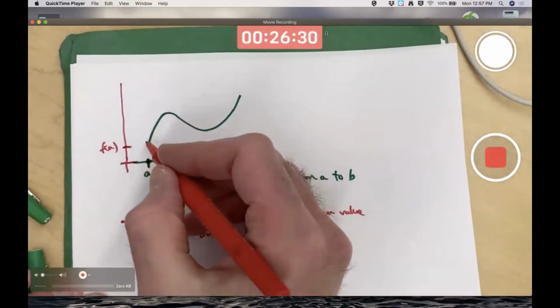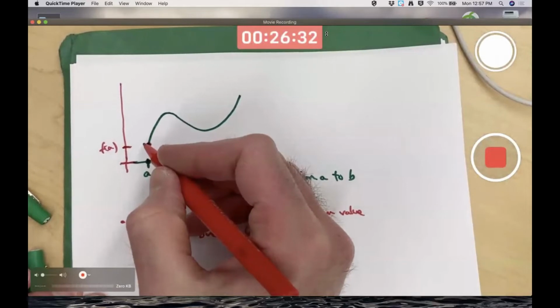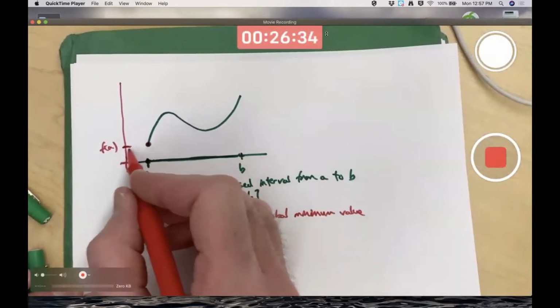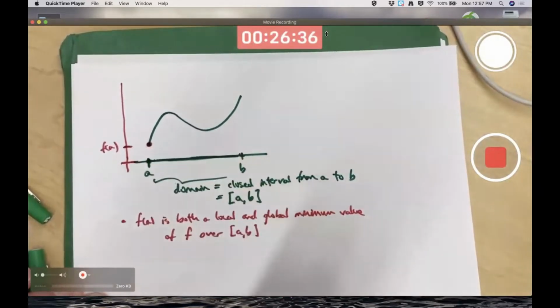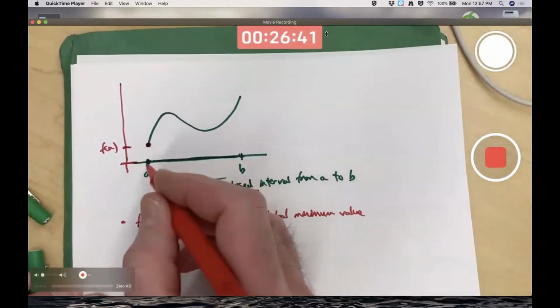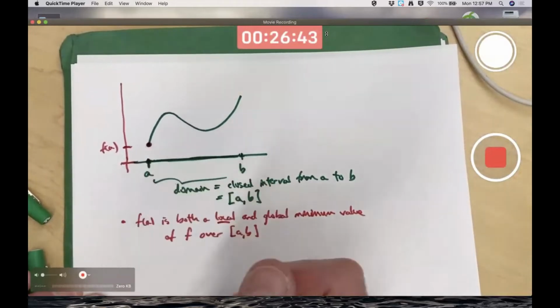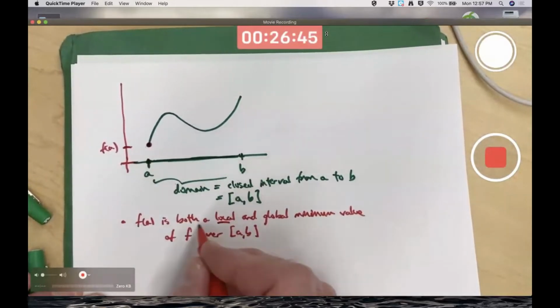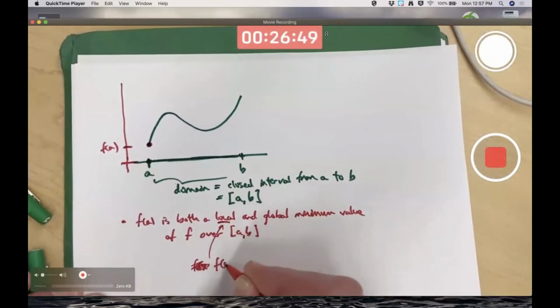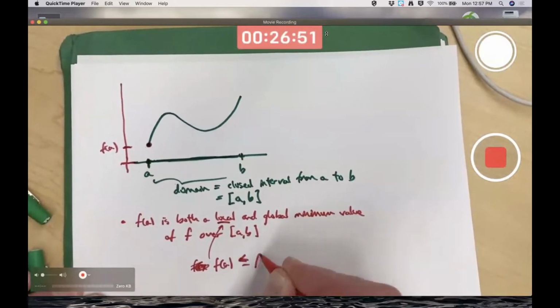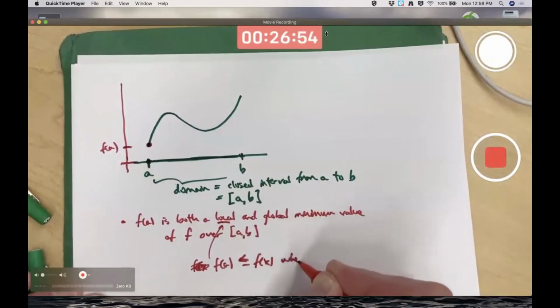Although, again, this limit would exist, there'd be a limiting value, whatever that second coordinate of that point is. Local means nearby. For points near a, this is as small as the function gets. Local means f of a is less than or equal to f of x when x is close to a.